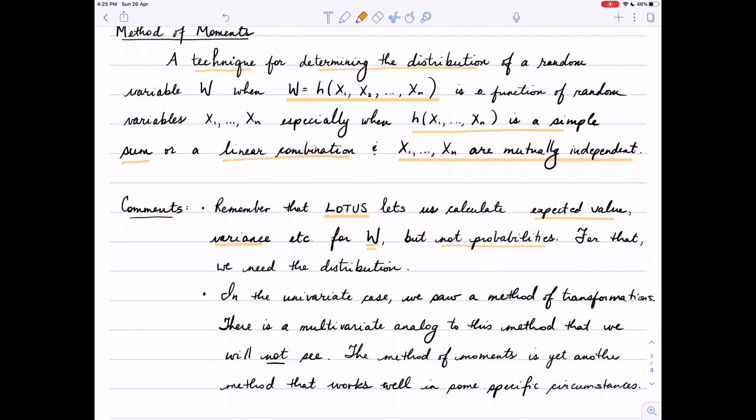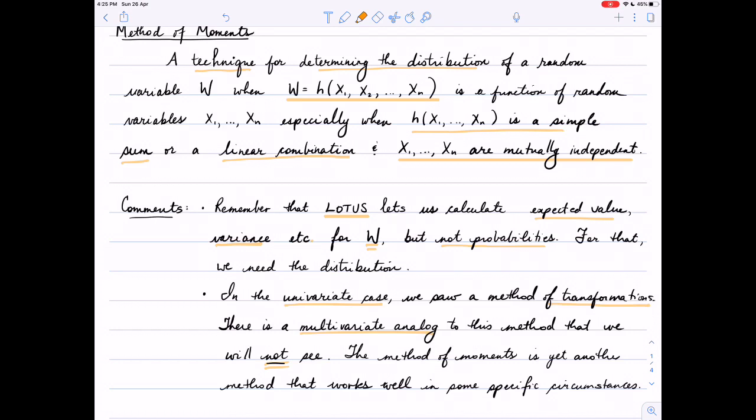For that, we would need the distribution of w. And in the single variable case, we saw a method of transformations for getting a distribution for a transformed random variable. There is a multivariable analog to this, but we are not going to see it.